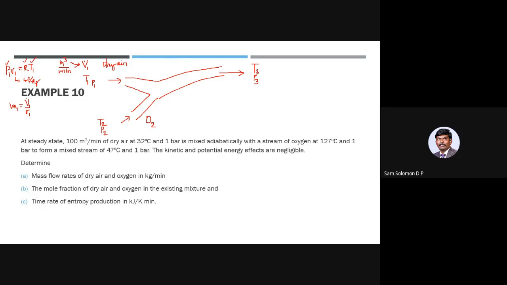So that will give you M dot 1. So that is the mass flow rate of dry air, and that is in kilogram per minute. Okay. And now what we have to find out is the mass flow rate of oxygen. So how will you find out the mass flow rate of oxygen? One more thing, what is given to us is this T2. T1, T2 is given. So we know H is Cp times T.